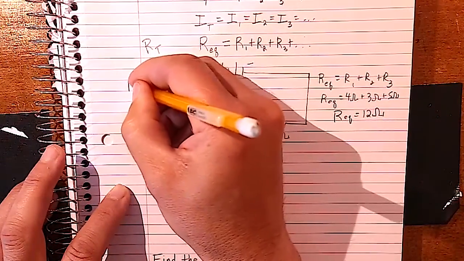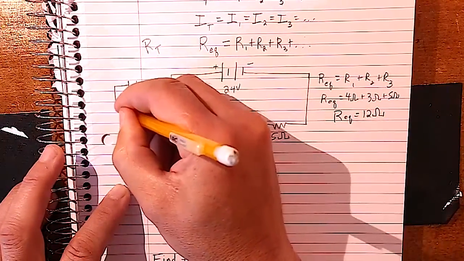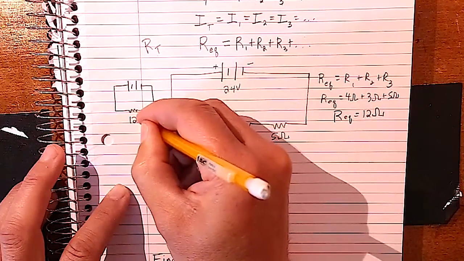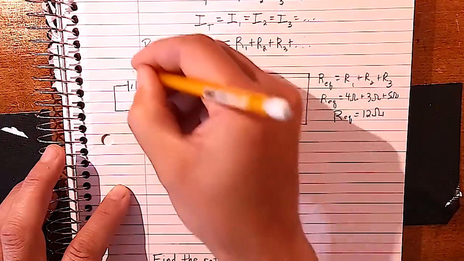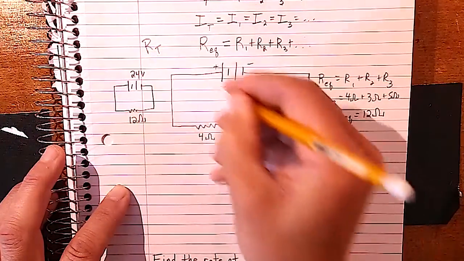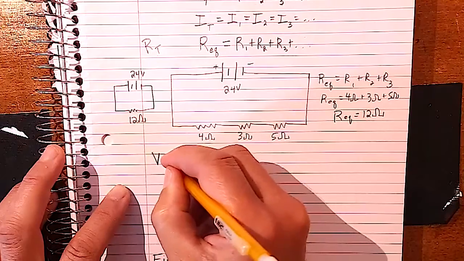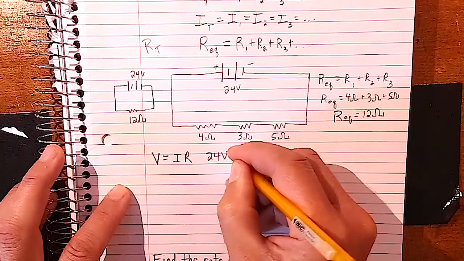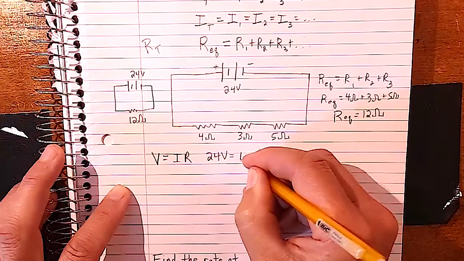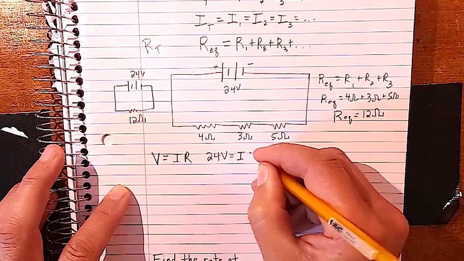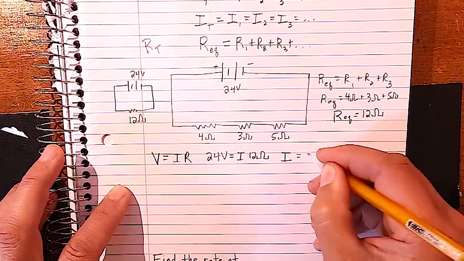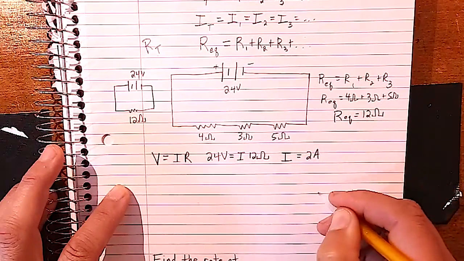It means that this circuit is the equivalent of one resistor of 12 ohms. Now, we know how to solve one of those because we can just use V equals IR. The total voltage, 24 volts, is applied to a total resistance of 12 ohms, so the current flowing through the resistor has to be 2 amps.